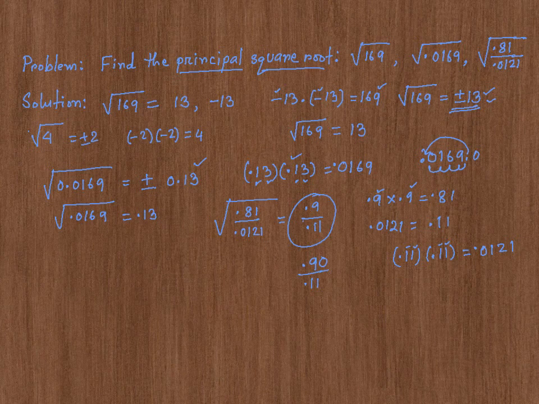Now you have 2 digits after the decimal in the numerator and 2 digits after the decimal in the denominator, so you can take away the decimals. You can write the number as 90 over 11 as if there are no decimals. That's a simplified form. Then you could express it in terms of fractions and whatnot if you want, but this is good enough for me. If you can simplify to this, that is great.